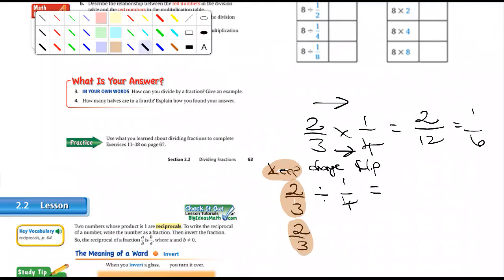And then I change the division to multiplication, which is kind of nice because you guys already know how to multiply. And so that's what I change. I change it from division to multiplication.